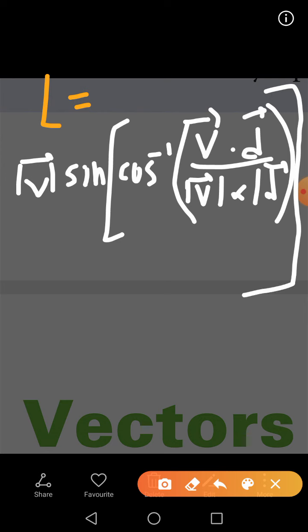So this is the formula to find the length of the line from an external point, I mean the perpendicular distance from an external point to the line. Now what do you mean by the V here?